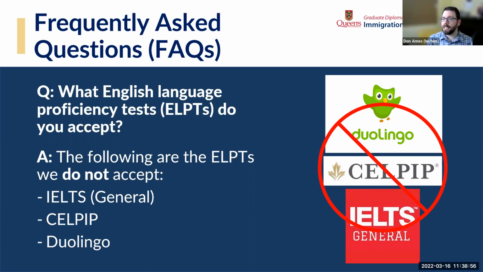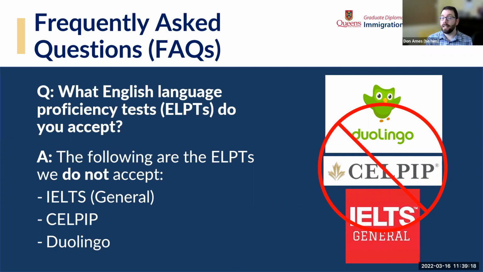But the admission committee does have criteria to determine if an ELPT will be required for individuals. Within your application, you've provided us this information, and we'll do some further searching. What we tell all of our applicants, though, is that if you feel that you may be requested to submit an ELPT score, prepare for that as being the case.